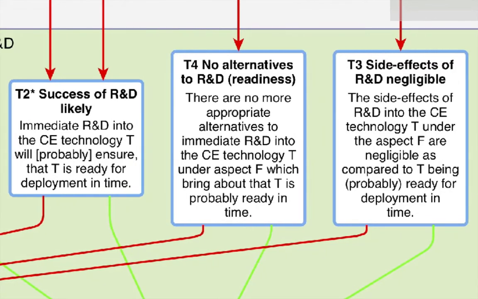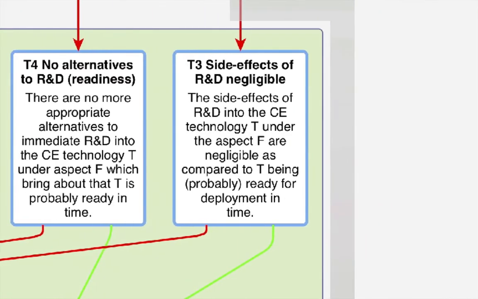It has to assume that there are no other alternative means which are equally suitable as immediate R&D, such as, for example, starting R&D in 2 decades. And finally, the central justification has to assume that R&D, understood as a means to make CE ready for deployment, has no negative side effects that outweigh its intended purpose.